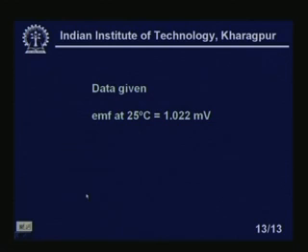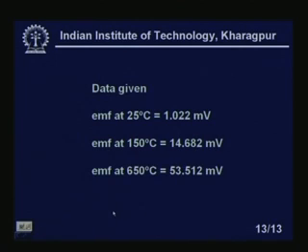EMF at 25 degree centigrade is 1.022 millivolt, EMF at 150 degree centigrade is 14.682 millivolt, and EMF at 650 degree centigrade is 53.512 millivolt, right. Now, let us look at the solution.